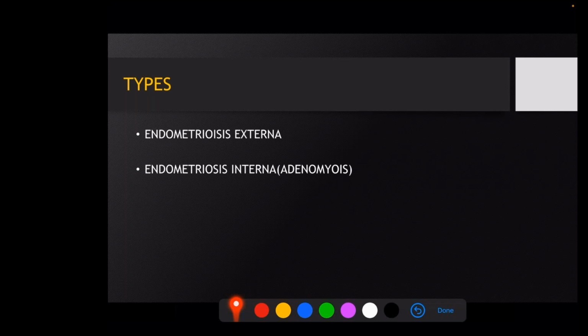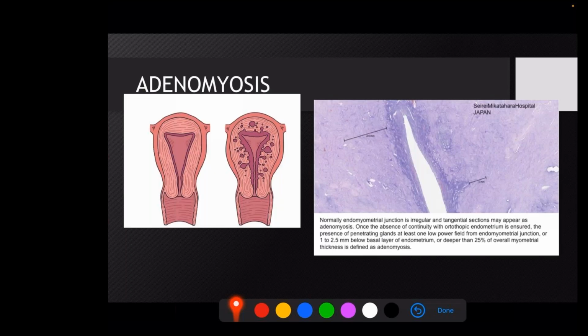Then endometriosis interna or adenomyosis, it is very important. Generally speaking, adenomyosis is the presence of endometrial implants, endometrial tissue, in the myometrium. But it has its own definition. You can see here endometrium, myometrium, perimetrium.